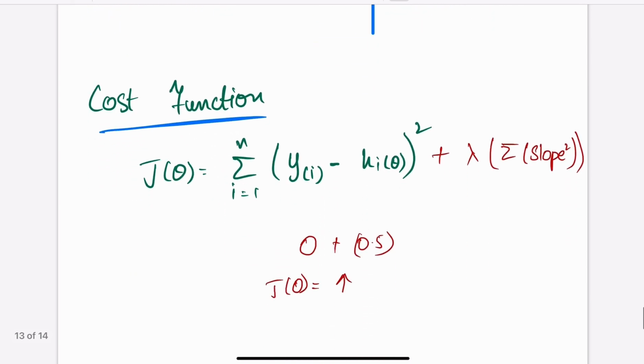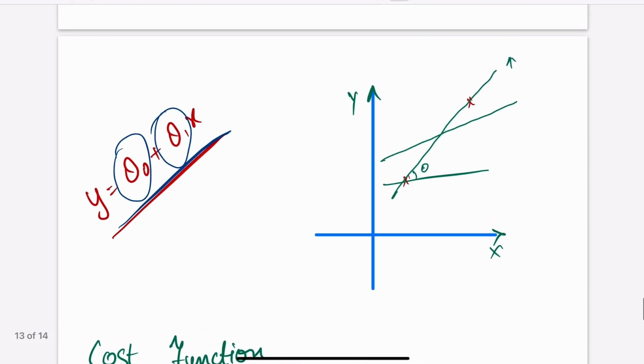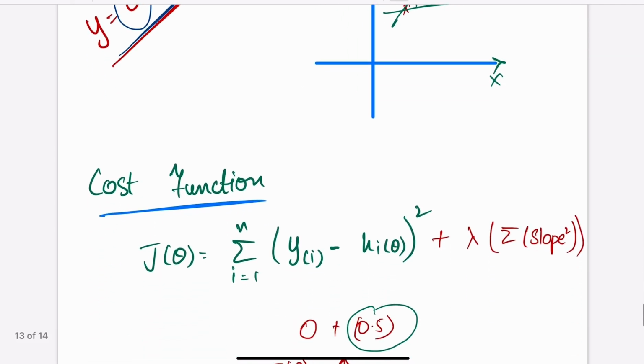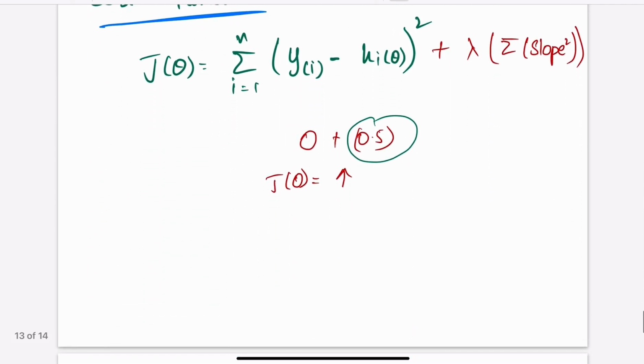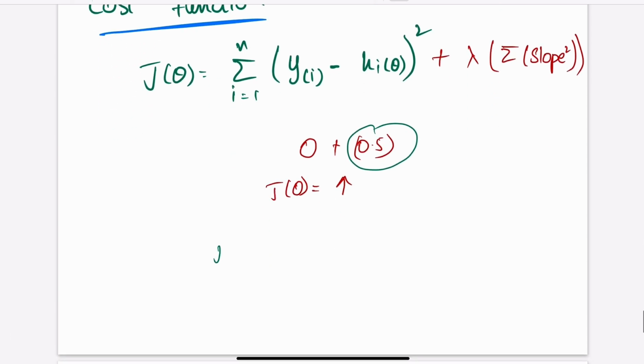What happens if, for instance, let's say the slope value is 0.5, and this slope value is 0.2, because slope decreases when it becomes slant, right? It's a normal thing. So what happens? The J theta values will be like this.